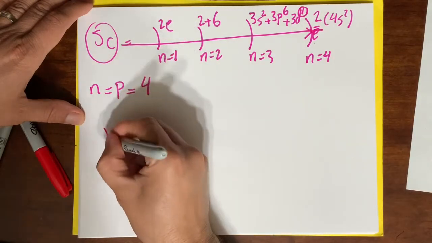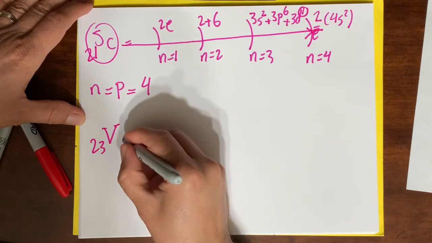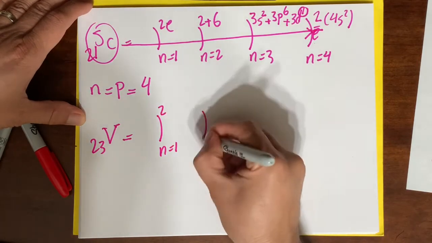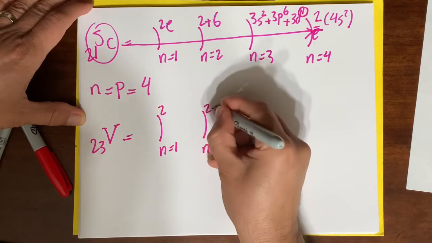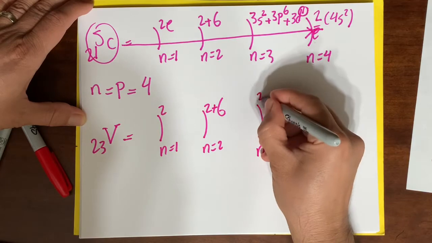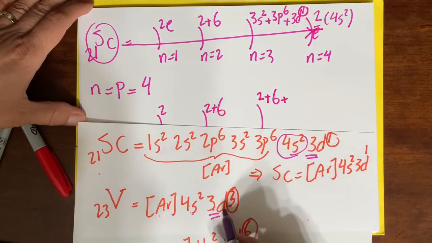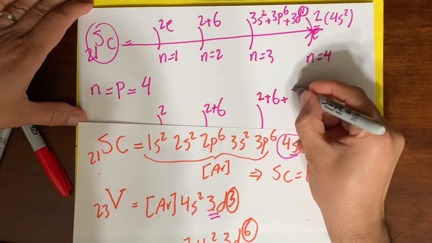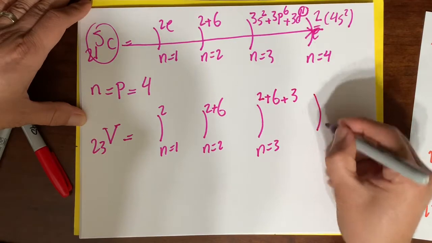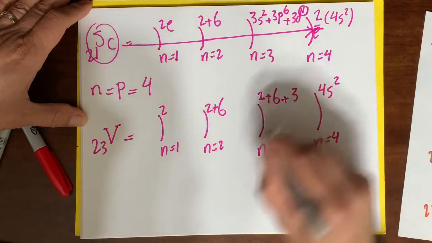When I go to vanadium with 23 electrons, it will be n1 with 2 electrons, then 2 plus 6, and then 2 plus 6 plus 3d3, so we get 3 electrons. And in n4, we have 4s with 2 electrons.